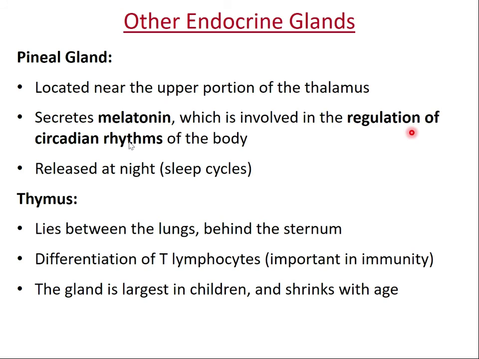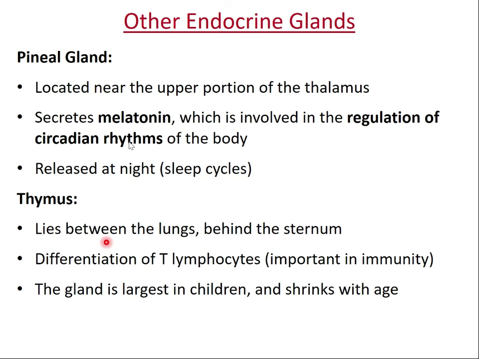Melatonin is involved in the regulation of the circadian rhythm, the sleep-wake cycles of the body. Melatonin helps us initiate sleep, helps us fall asleep. So as long as you know that the pineal gland produces melatonin, which helps in the sleep cycles, that should be good for that.